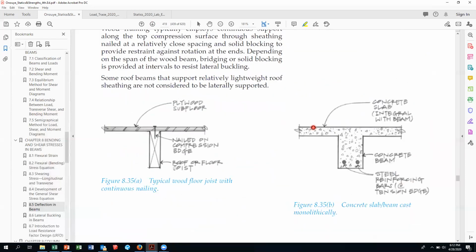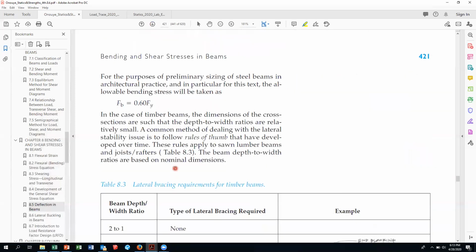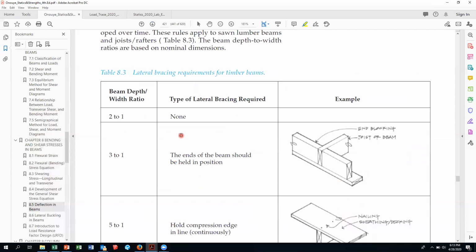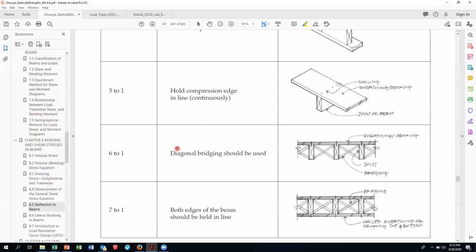That ties into a stability discussion back in chapter 4. And here, on page 421, are some lateral bracing requirements for timber beams. But again, diagonal bracing and so on, we just run out of time to get into that. But that's something that you'll definitely see in structural theory.